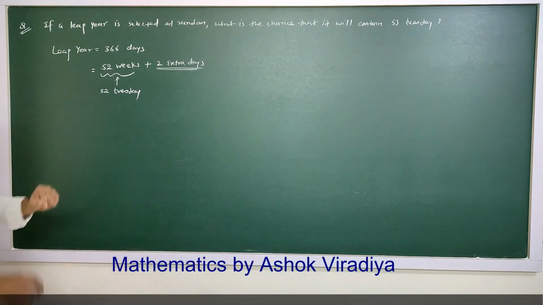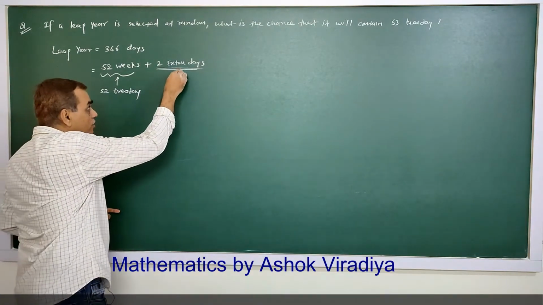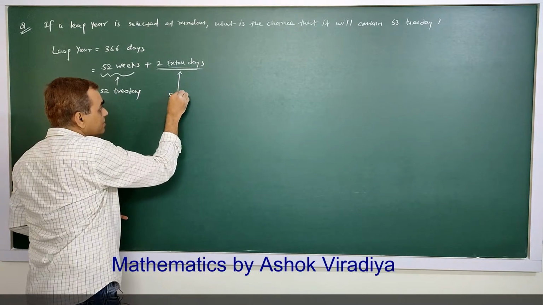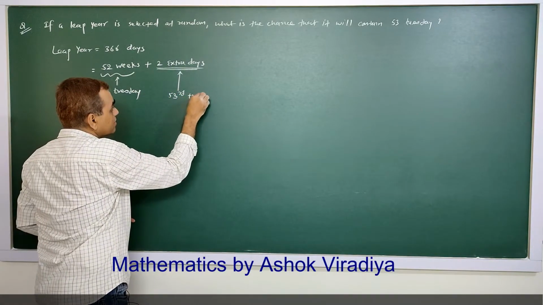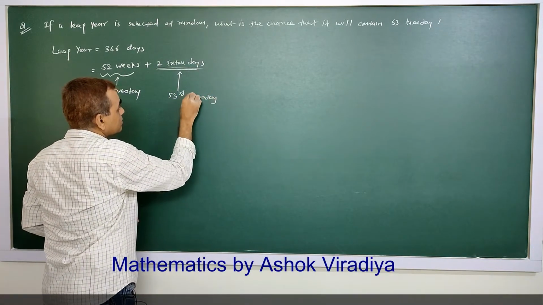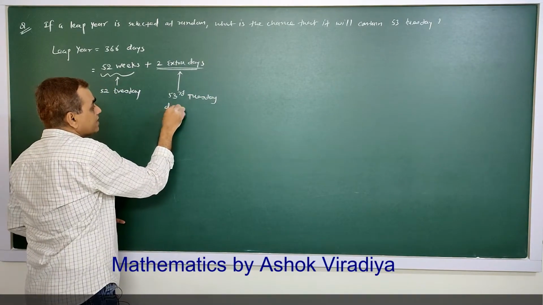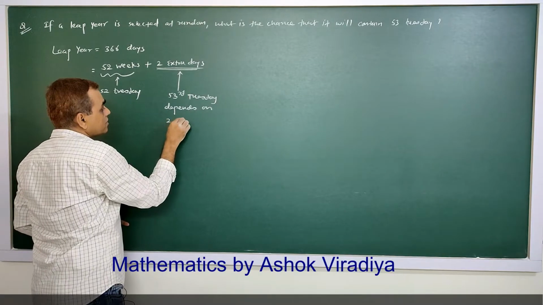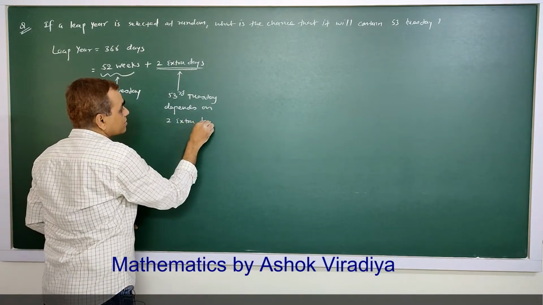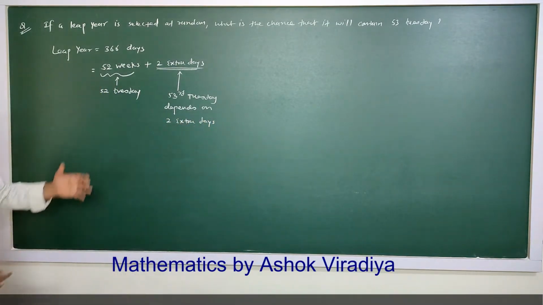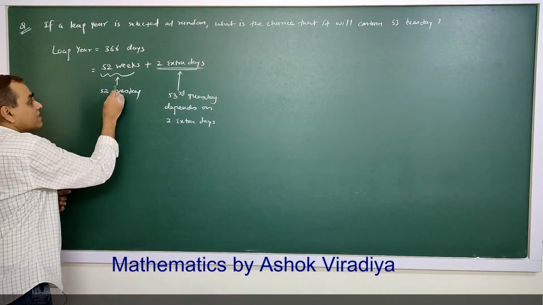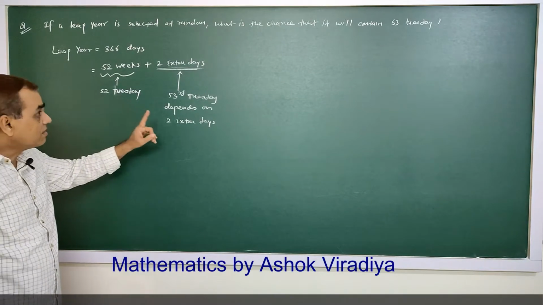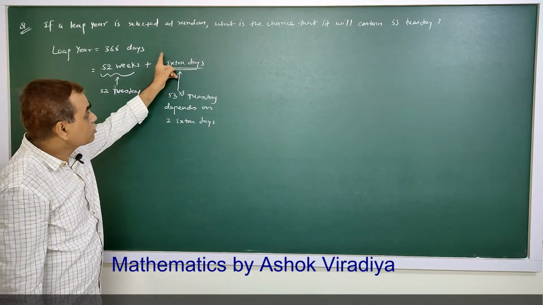So the 53rd Tuesday depends on these 2 extra days. Here 52 Tuesdays are fixed. For the 53rd Tuesday, we focus on these 2 extra days.